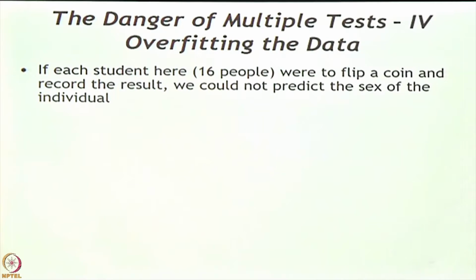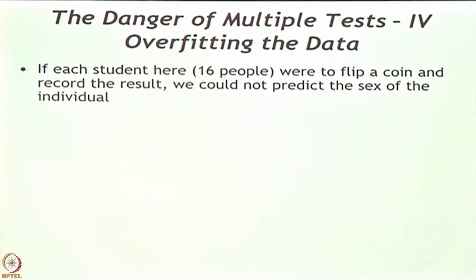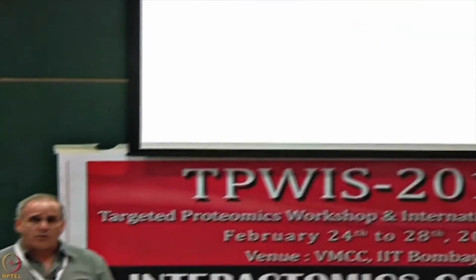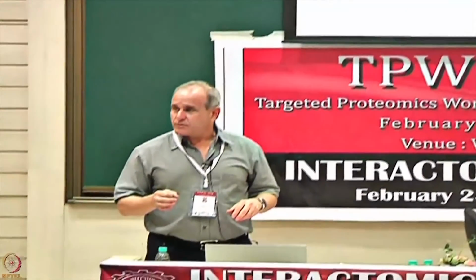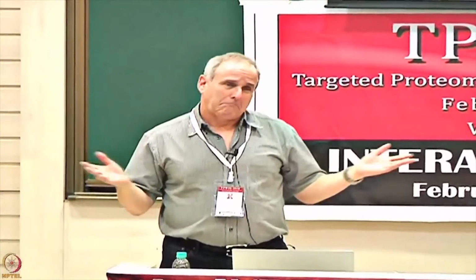And this is a lot like what you would see in an omics study. So if I asked every one of you to take out a coin and flip it and mark down whether you got heads or tails, what do you think the likelihood is that the result on the coin would predict the gender of the individual who flipped the coin? Nothing, right?